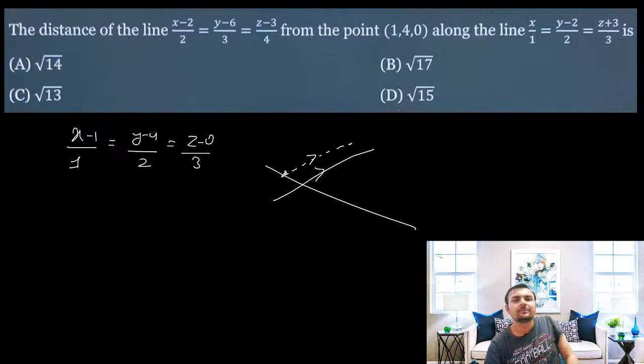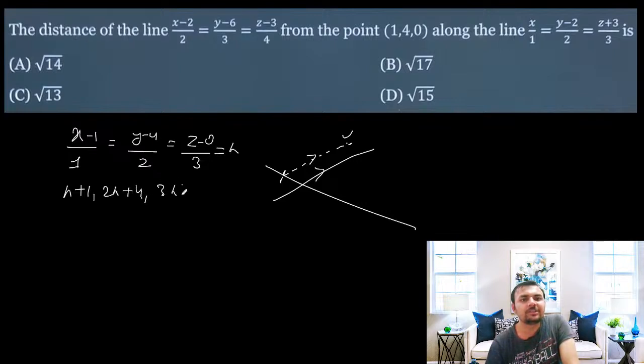Okay, so from this line if we calculate this point, if we keep it equal to lambda, it is lambda plus 1, 2 lambda plus 4, 3 lambda. And from this line if we find, it is 2 mu plus 2, 3 mu plus 6, 4 mu plus 3.